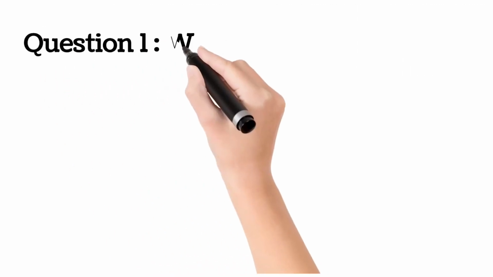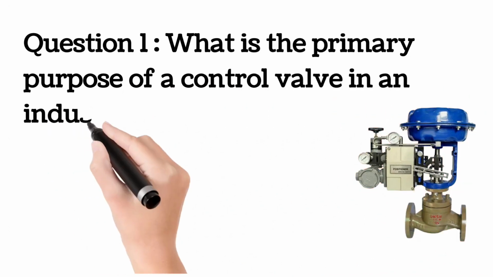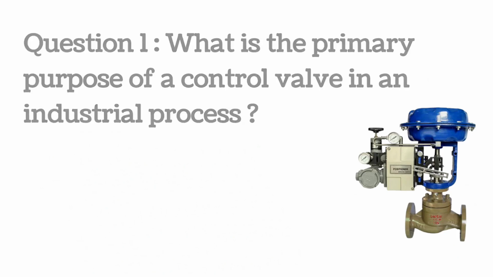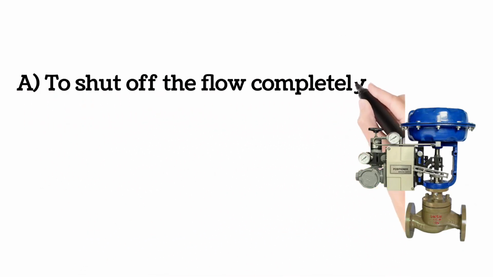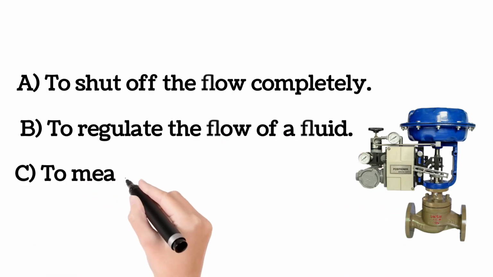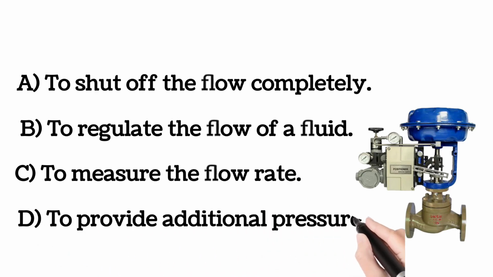Question 1 is, what is the primary purpose of a control valve in an industrial process? Options are A. To shut off the flow completely. B. To regulate the flow of a fluid. C. To measure the flow rate. D. To provide additional pressure to the system.